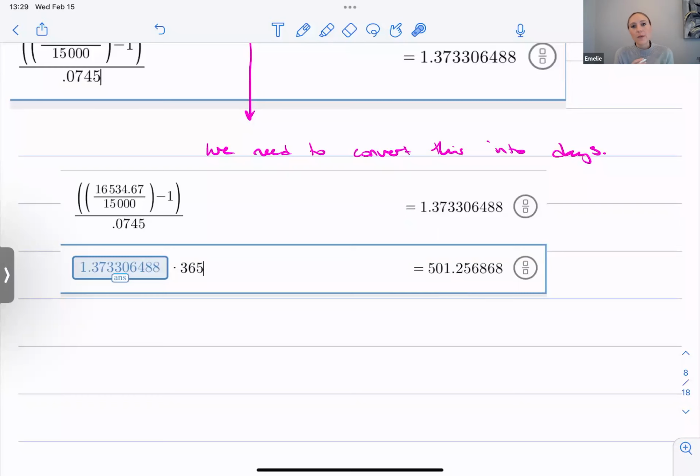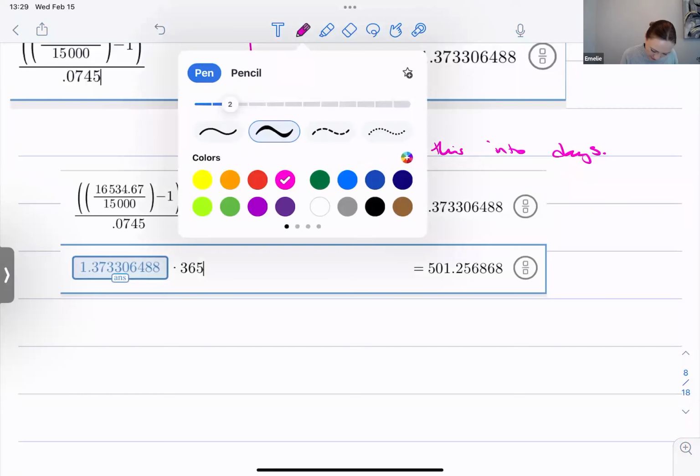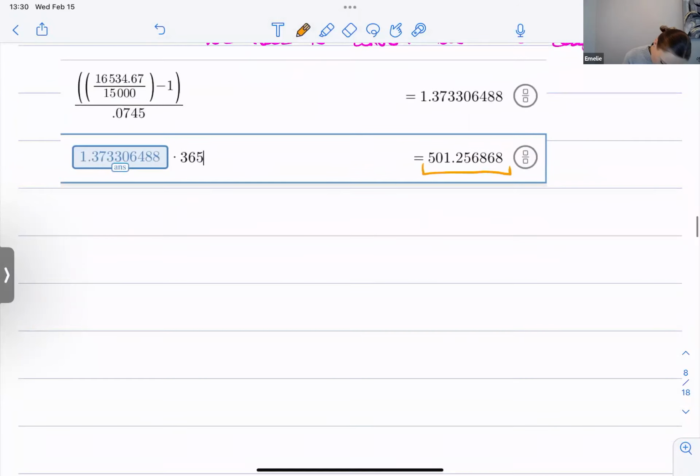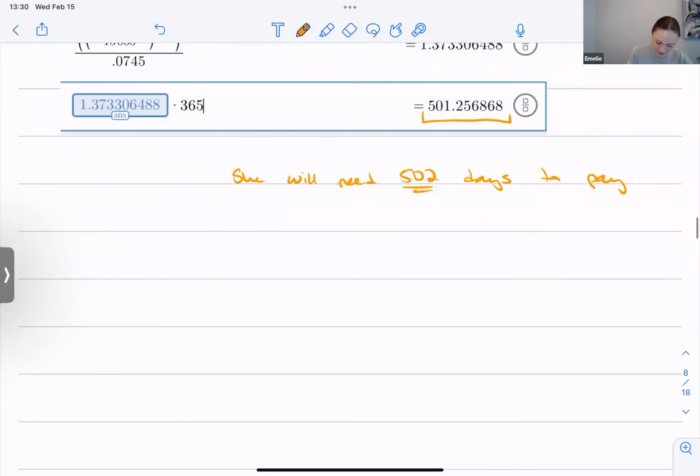And so that means on day 502, it'll be paid off. So here, she will need 502 days to pay off the loan completely.